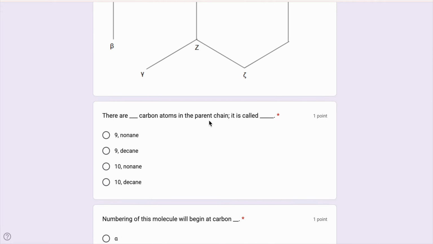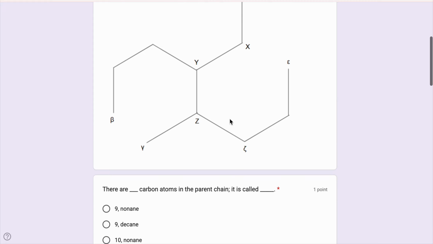There are how many carbon atoms in the parent chain?